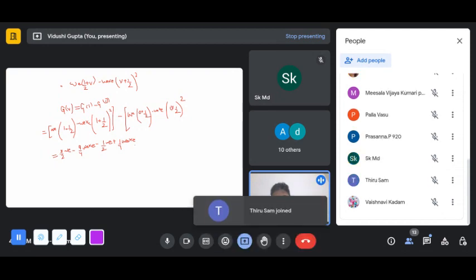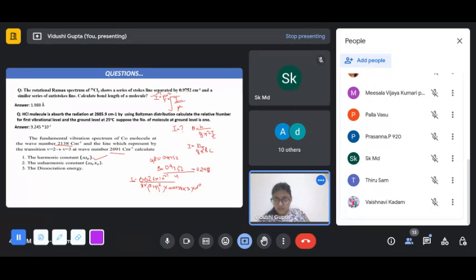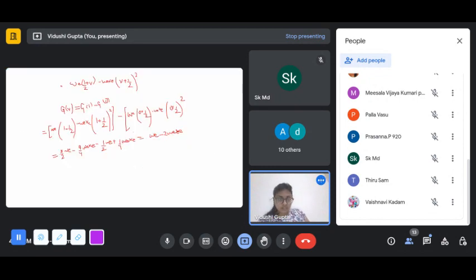So after solving it, it will be omega e minus 2 omega e xe, and for this it was 2138.